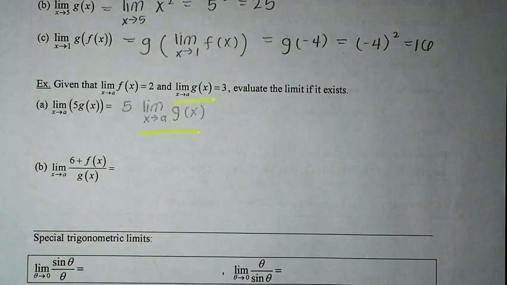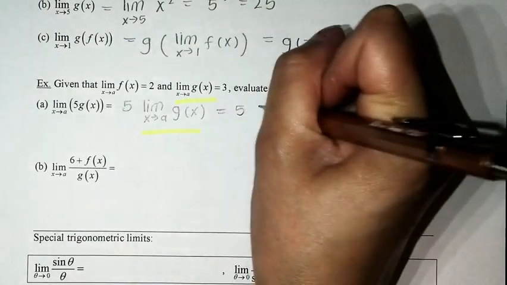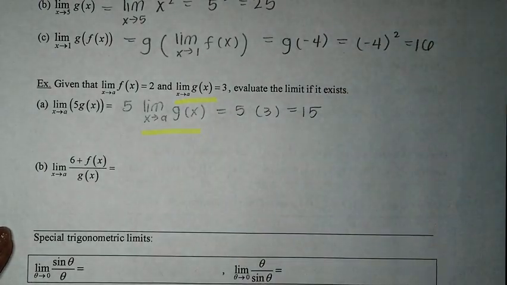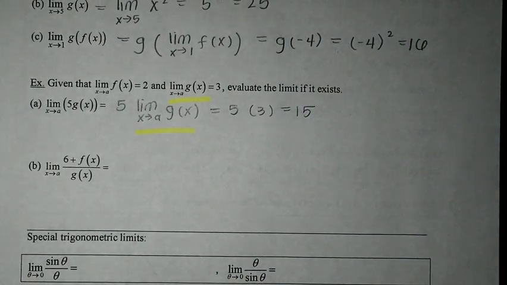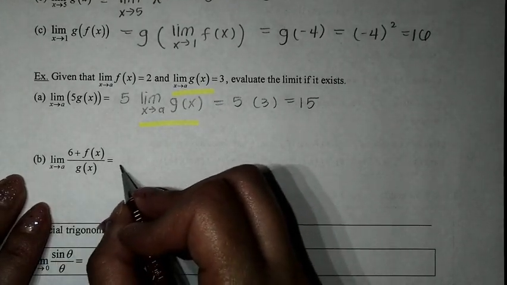Do you agree with that? So you know that that limit is 5 times 3, because this is 3, so you have that that's 15. Isn't that nice?